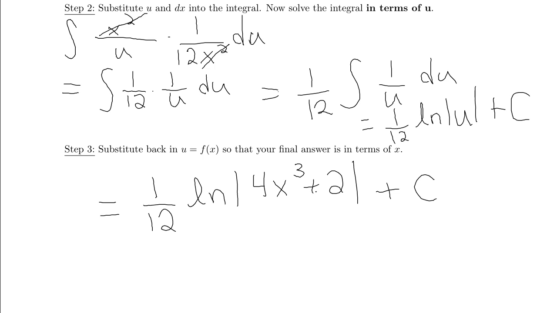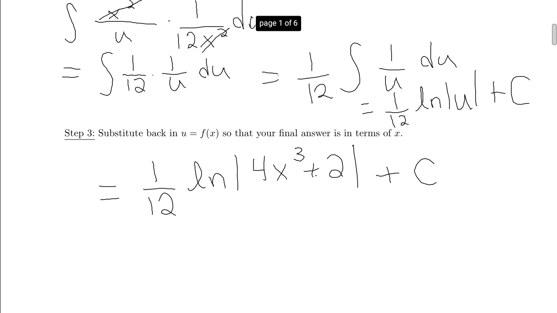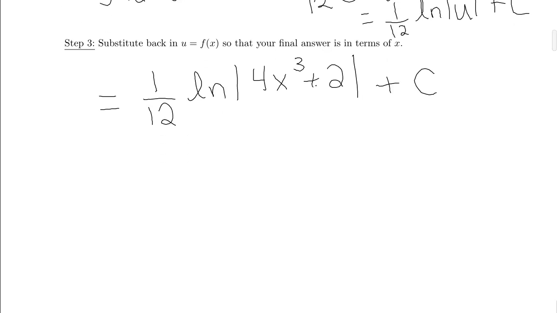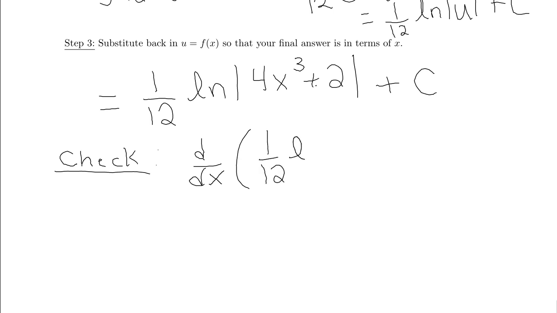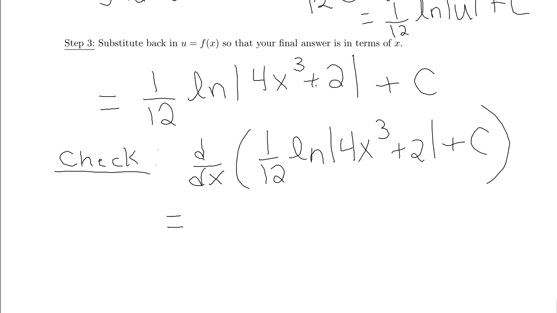And if we wanted to check our answer now to see whether or not we got it right, let's see what would happen. So let's check our answer. Because we said this is the antiderivative of our function, that means that when I take the derivative, d by dx, of this function, this 1 over 12 ln of 4x cubed plus 2 plus some arbitrary constant, I should get back my original function, that fraction function.